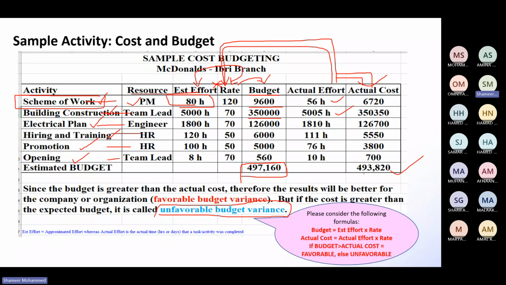But what about this project? Is it favorable or not favorable? It will bring profit or it will bring loss.